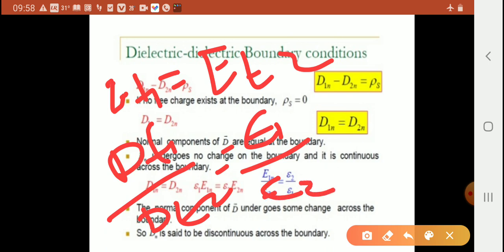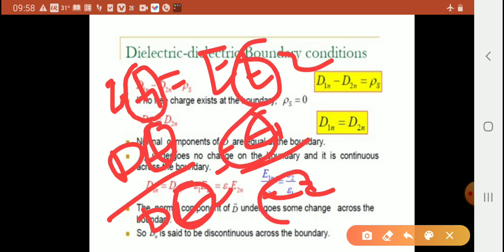This is the tangential component for dielectric cases.